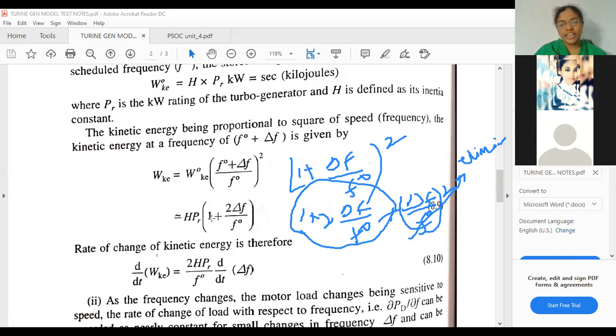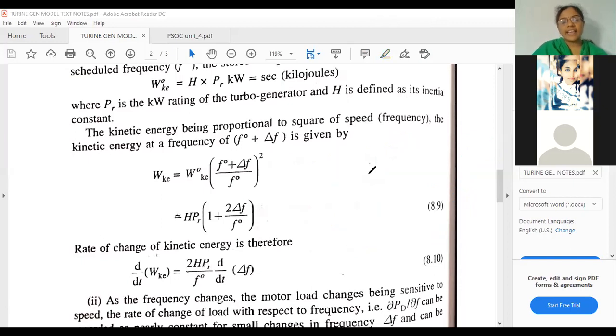So 1 with derivative with respect to time is 0. So what you get is only 2 H P R delta F by F naught. Okay, so that is the first case. Here we are taking the first case as the kinetic energy storage.